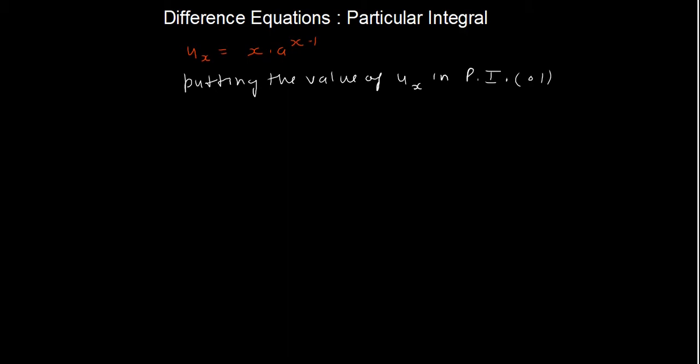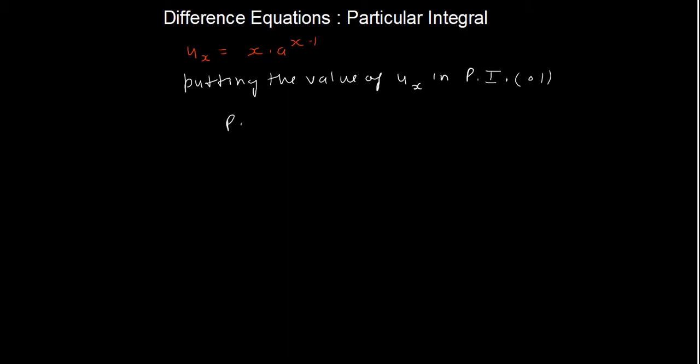Now put the value of u(x) here. u(x) becomes x into a to the power x minus 1. Putting the value of u(x) in the particular integral, what is the particular integral?